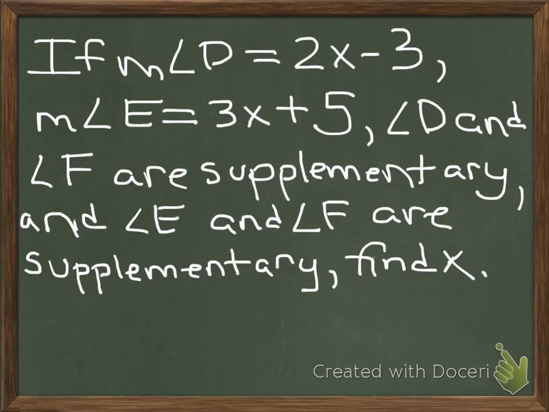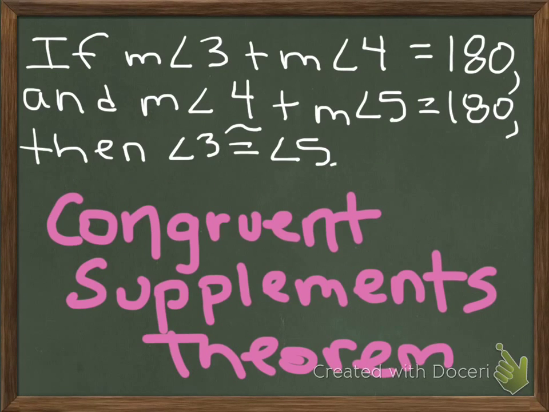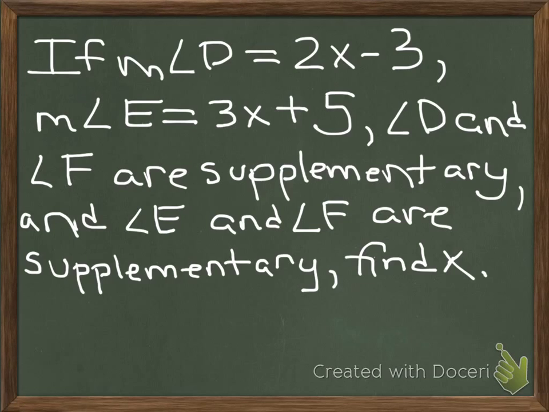So if we think about the last example where it was the congruent supplements theorem, which made the first angle equal to the next angle, see how they made angle 3 congruent to angle 5, and angle 4 was repeated. This is actually the same type of problem. So what we can end up figuring out is that angle D is equal to angle E. And that will help us solve for x.